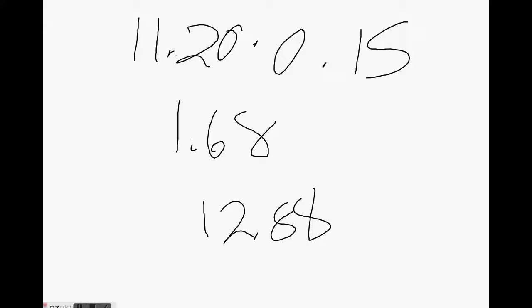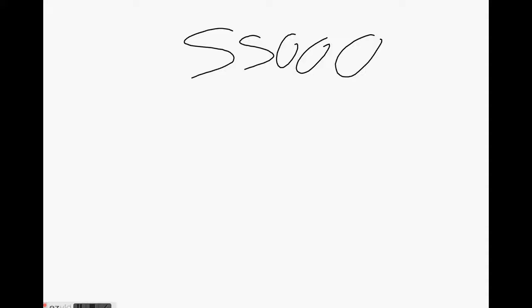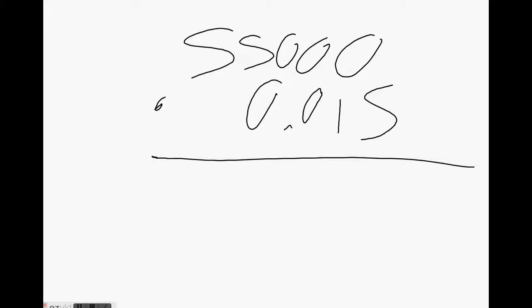All right. Next, you have a car salesman. He sold cars for $55,000, and he makes 1.5% commission, which is basically multiplying by 0.015. When we multiply that, let's see how much money he gets.